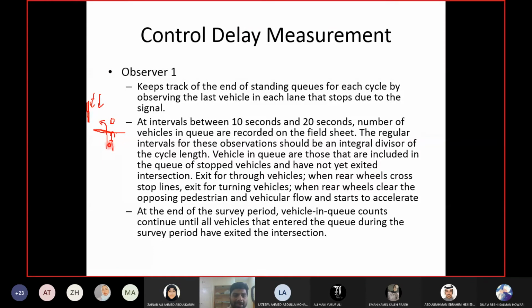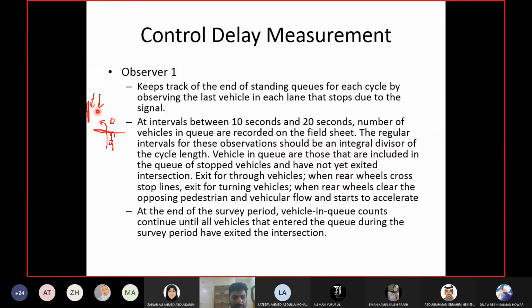Let's say this vehicle was going left. So it is at this location. You will count it in the queue. In the next interval, it is at this location. Since it is a turning vehicle, turning vehicles will be counted in the queue until they clear the opposing movement. For this vehicle which is turning left, the opposite movement is this one, right?